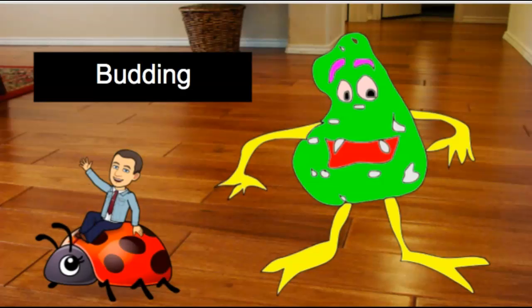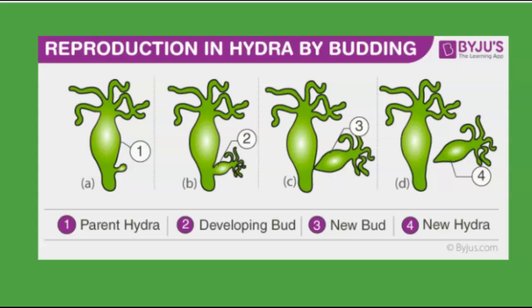The second type of asexual reproduction that I want to talk about is called budding. Some simple animals, such as a hydra that I'm seeing here, will reproduce by forming growths or buds from their bodies. This is called budding. Each bud eventually breaks off and becomes a new individual.